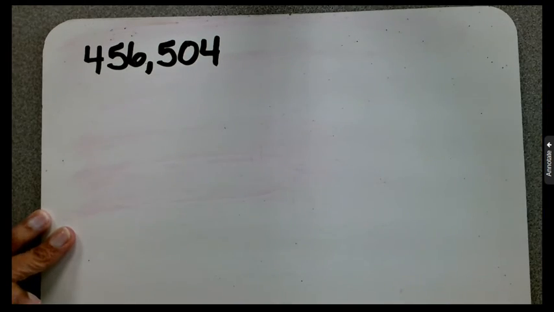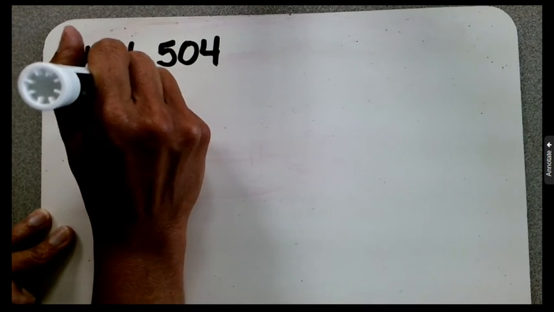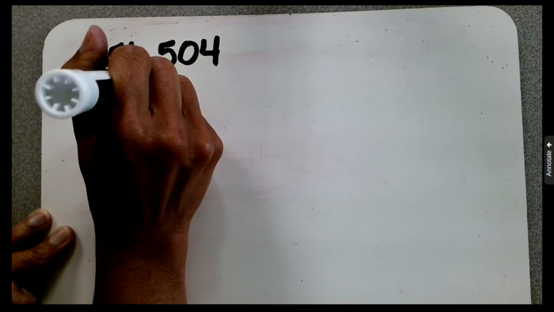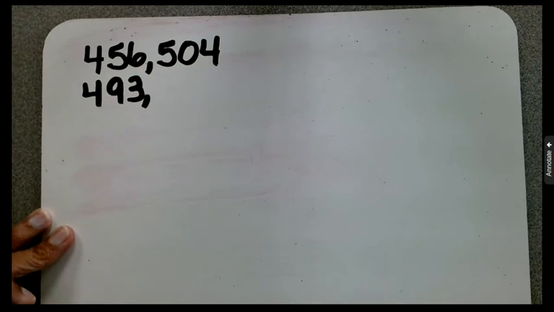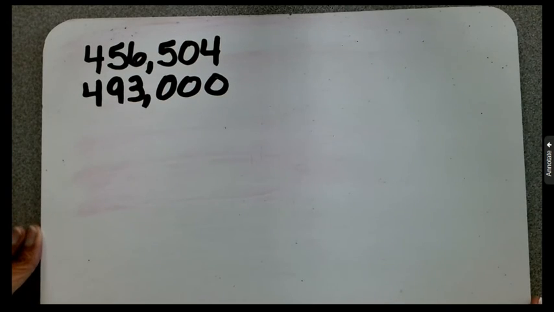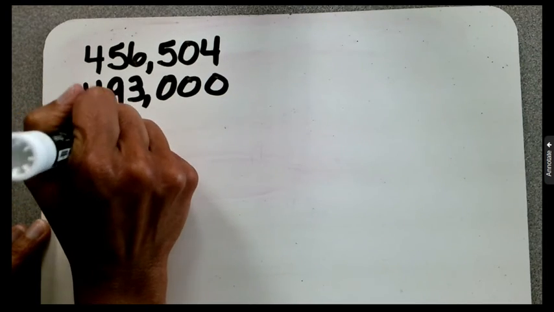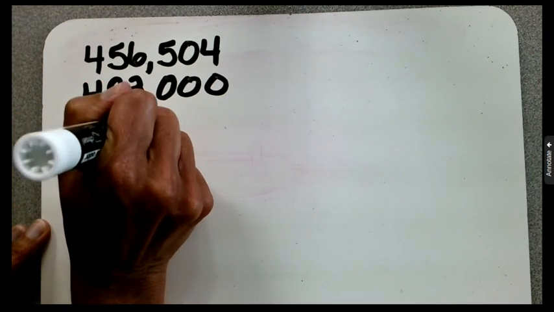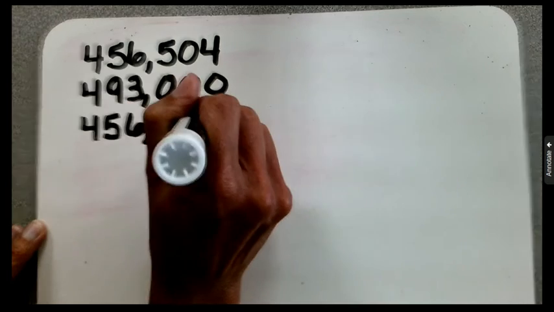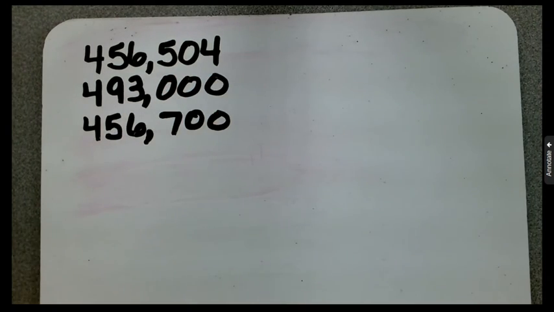We're going to just stack these from the start. 493,000 is going to be our next number. After that, we're going to have 456,700 for our next number. So copy those three numbers down.